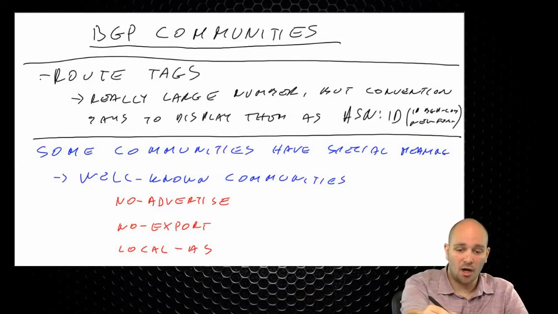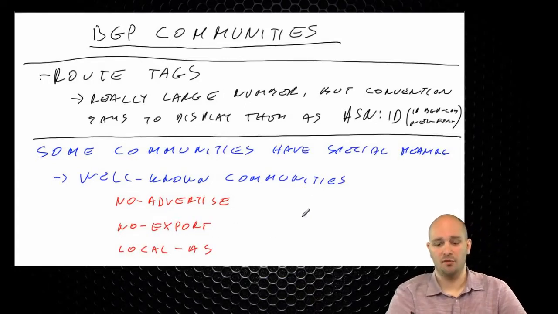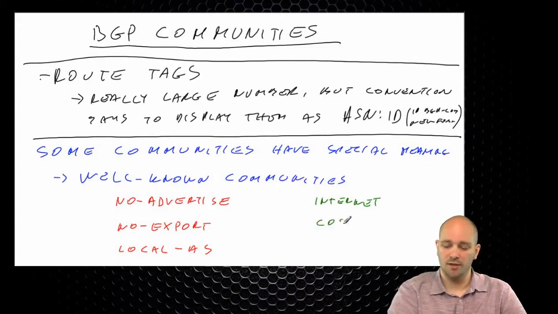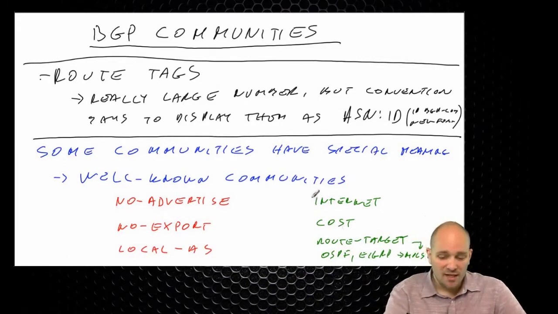As I say, there are others that are maybe of some importance. There is an internet community, which, by the way, does really nothing. There is cost community. There is, of course, an extended community like route target. There are OSPF communities, EIGRP communities used for MPLS VPNs. Same here. So there are these lesser important, well-known communities.